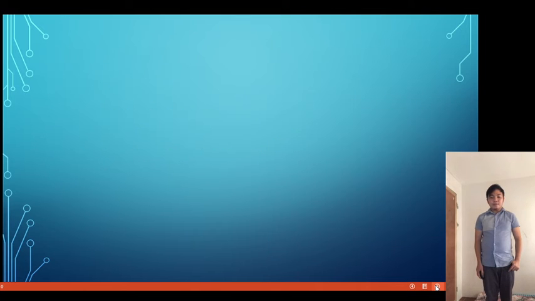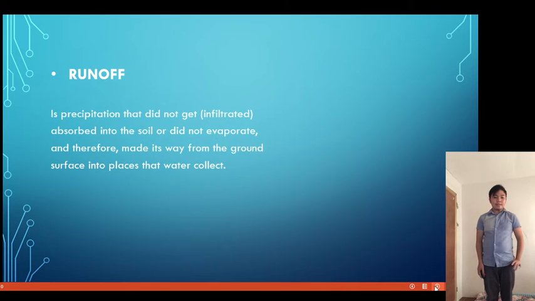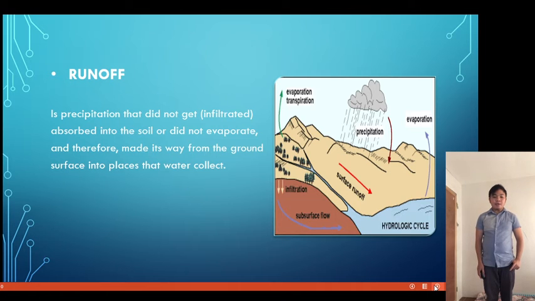Next is runoff. What is runoff? It is also precipitation that did not get infiltrated or absorbed into the soil, or did not evaporate, and therefore made its way from the ground surface into the place where water collects. Runoff flows from a drainage basin or watershed that appears in surface streams.